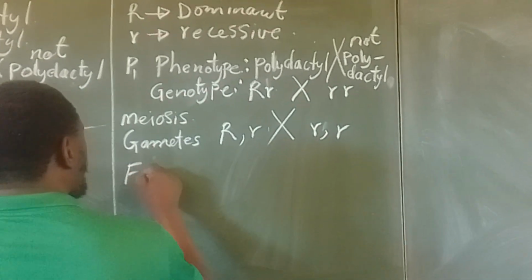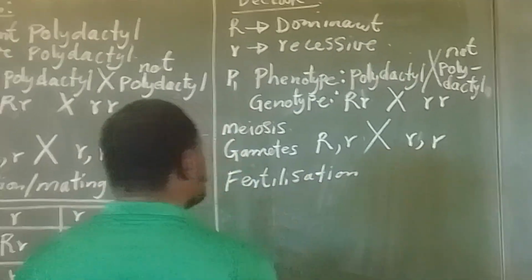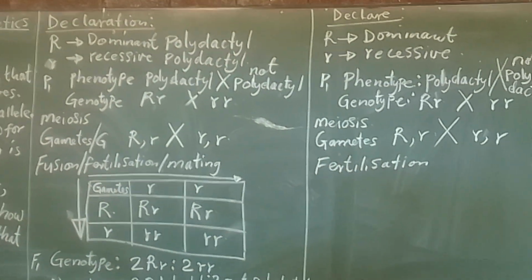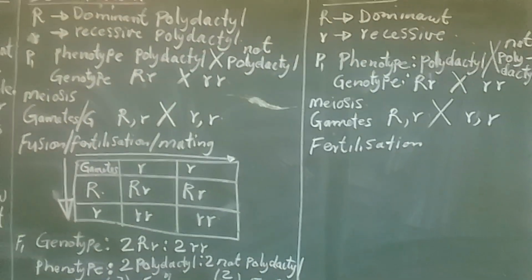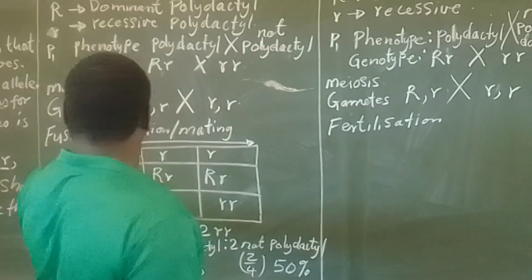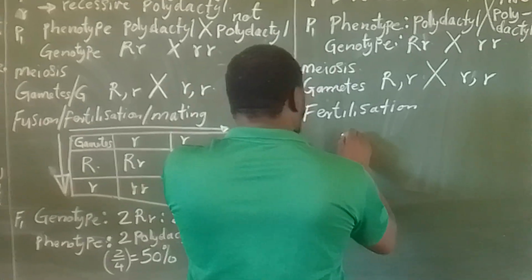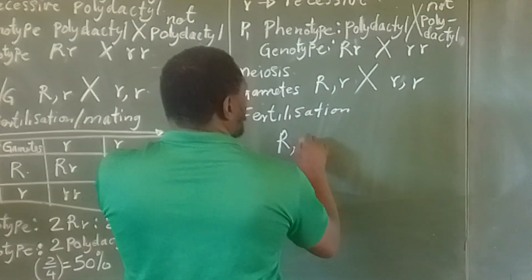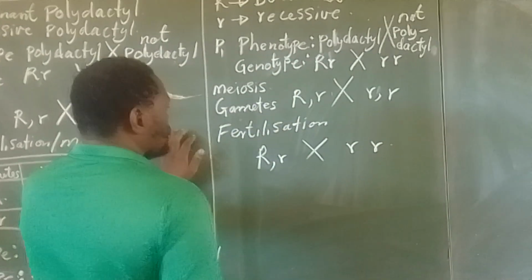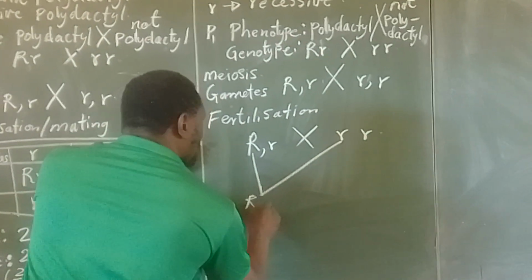From there, you go for fertilization. Right. Now, I am accommodating those who do not feel comfortable about using this format of the crossing. So you are going to say, here there is no box. You simply say you have R crossing with r and r. So this one crosses with that, you find Rr.